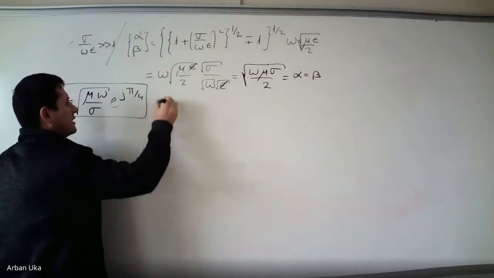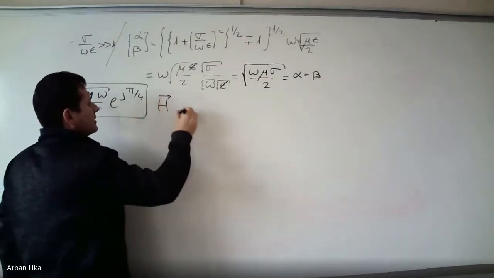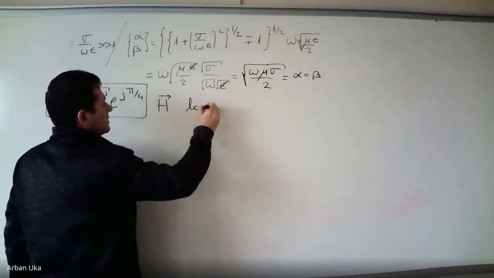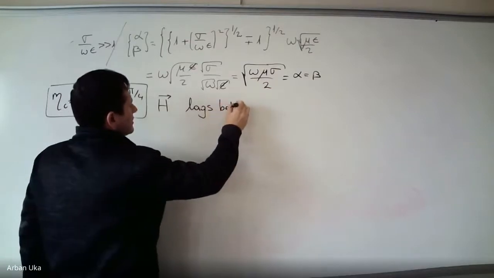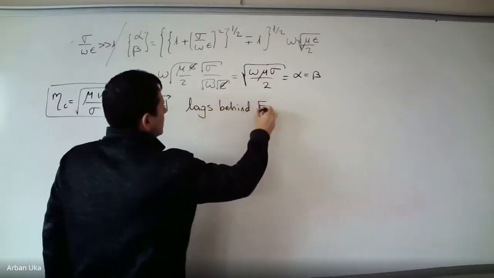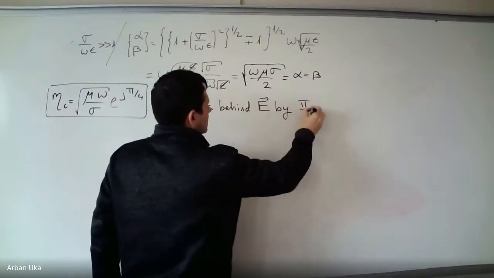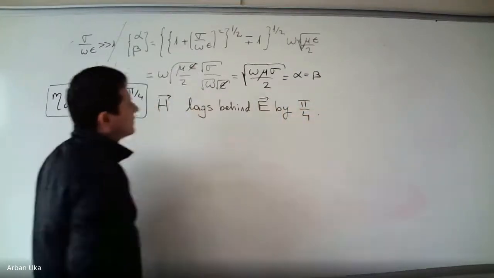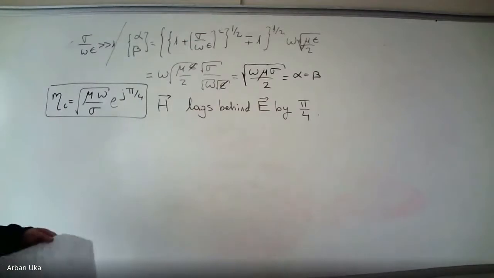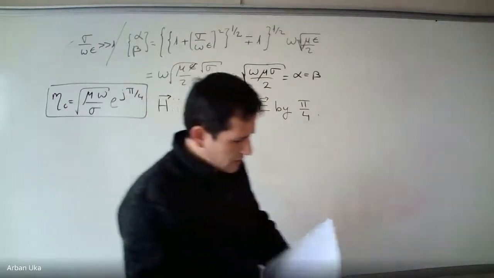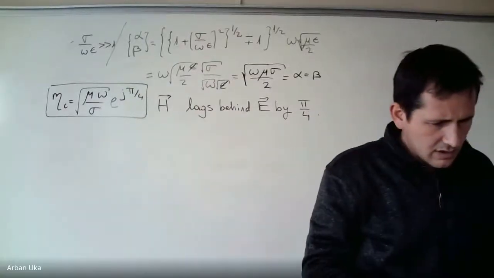So we can write it like this: the H vector lags behind E by this much. This is how we give the results.